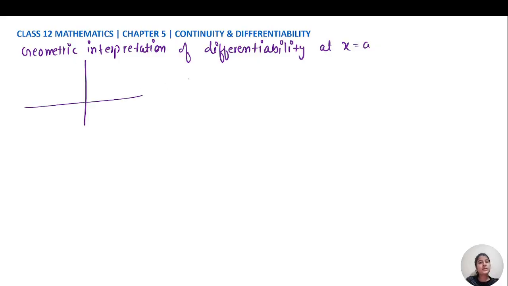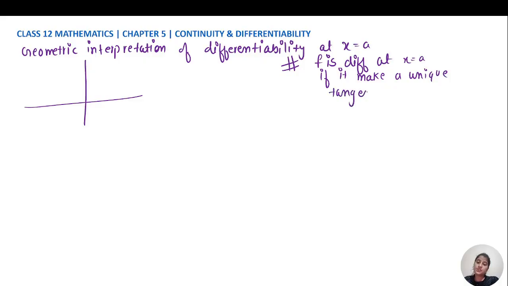We know that differentiability at a point is related to the rate of change. So the geometric interpretation is that f is differentiable at x equals a if it makes a unique tangent there, a tangent at x equals a. So for example, take the graph.